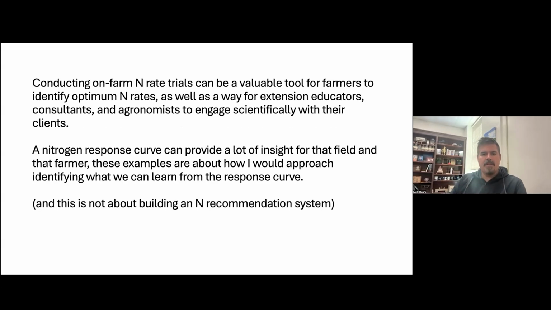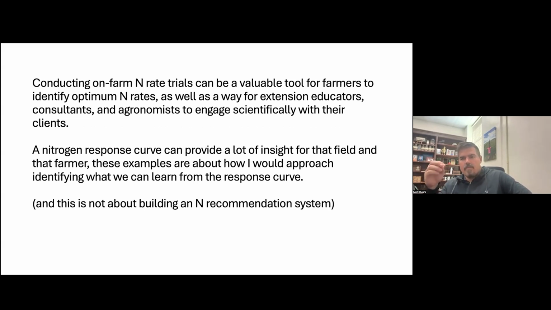The examples I'll show here today are from research trials that have been conducted over the past few growing seasons. We're going to start with this premise: this is about running an on-farm nitrogen rate trial, because they can be a valuable tool for farmers to identify optimum N rates, and a way for us, crop consultants and agronomists, to engage scientifically with our clients.